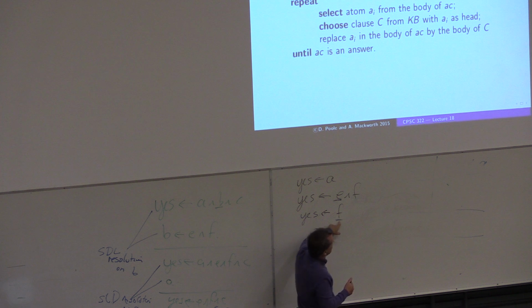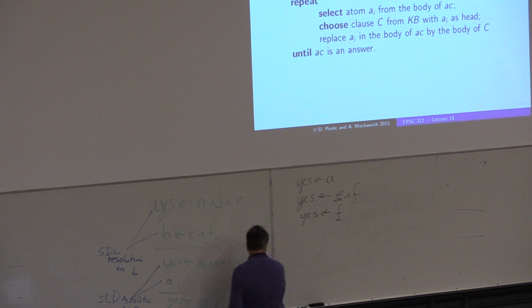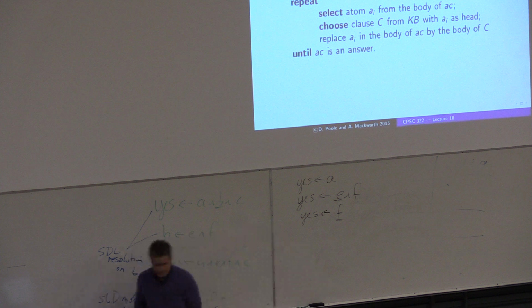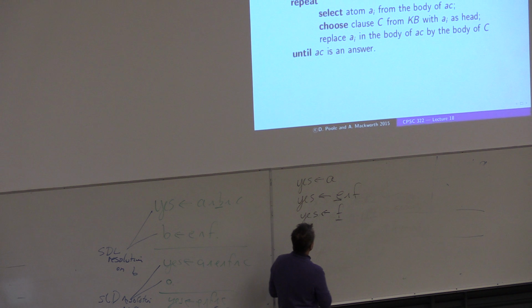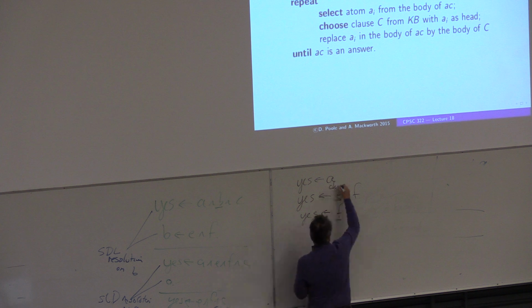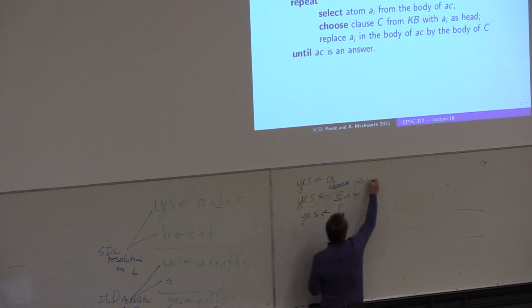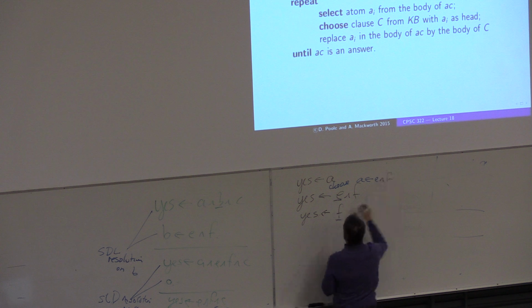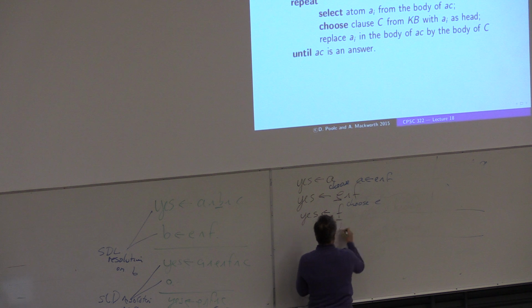Yeah. Oh, sorry. I actually should write down here. Hang on. Let's write this. So here I'm going to choose A is true if E and F. Here I choose just E. Here I'm going to choose what?